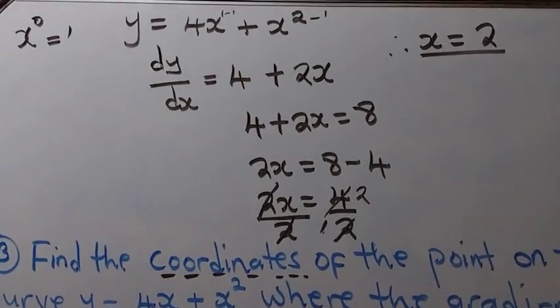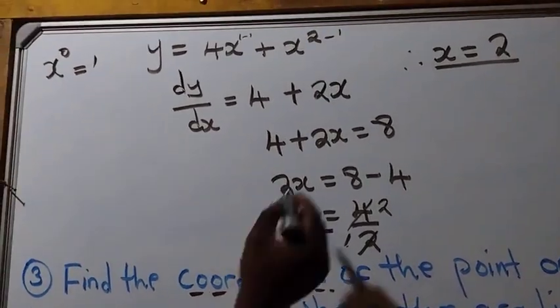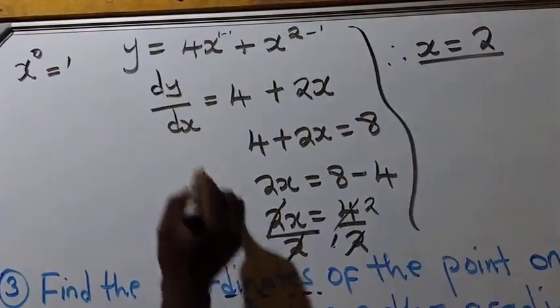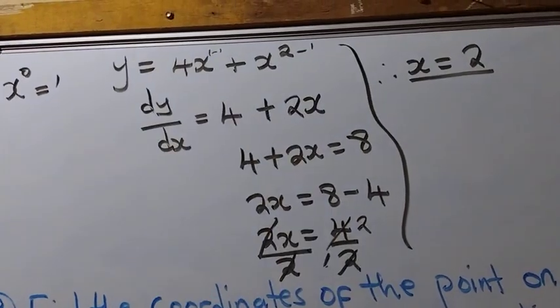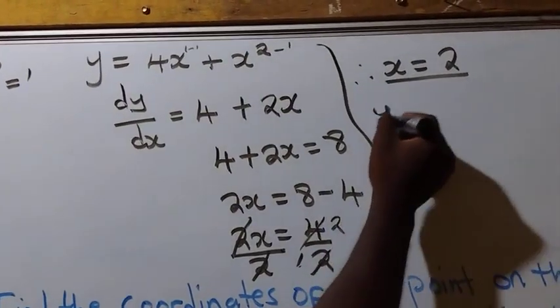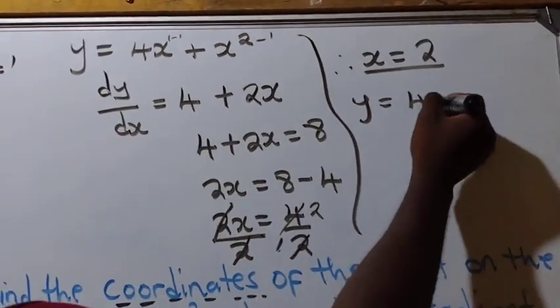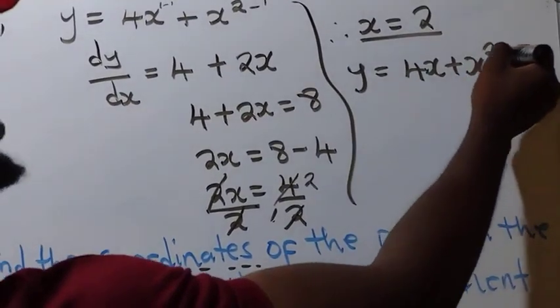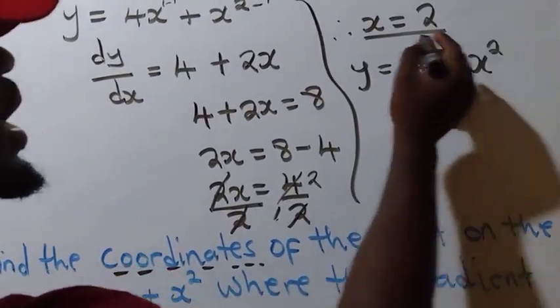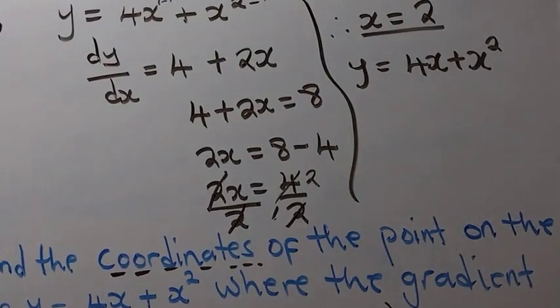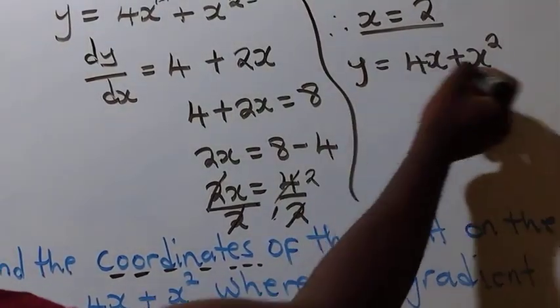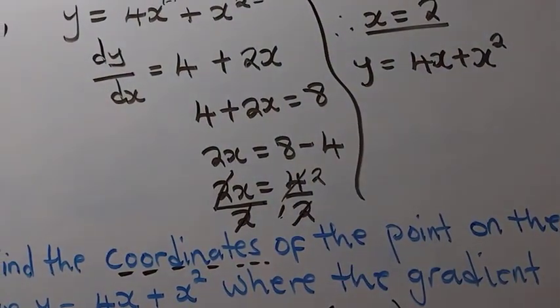In order for you to find the y coordinate, you are just going to take the same curve, y equal to 4x plus x squared, where x is equal to 2. So where there is x in this function, you are going to put a 2.